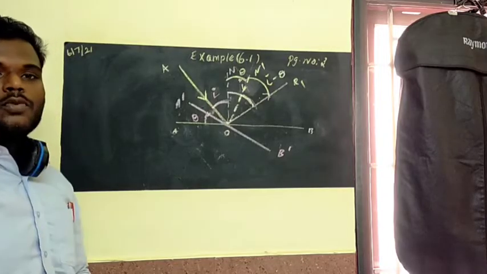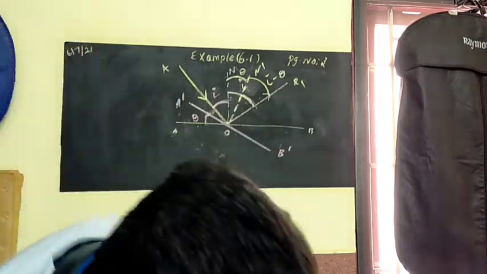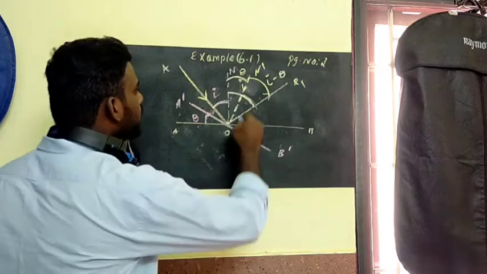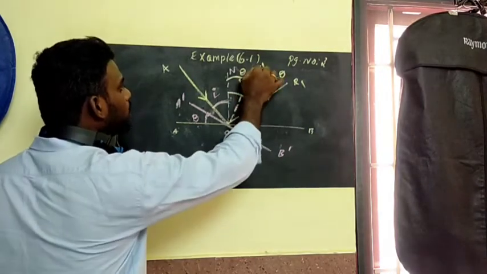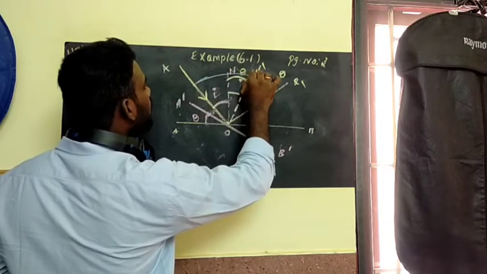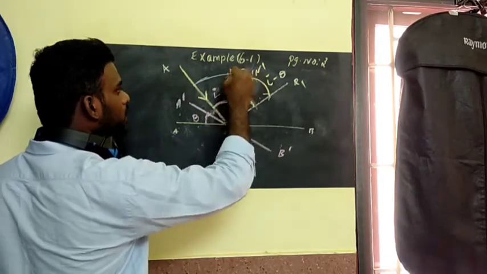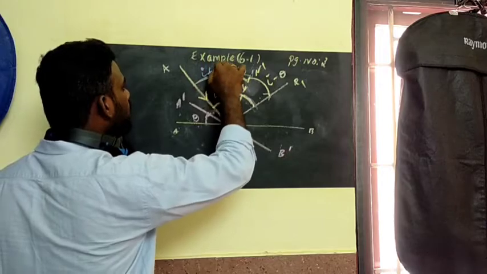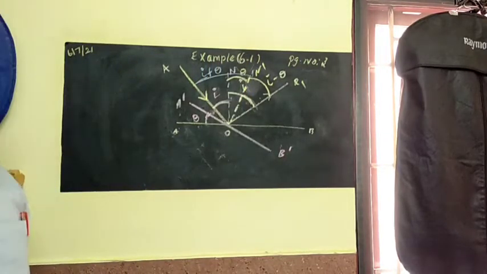And what will be the angle of incidence? The angle between the incident ray and the normal. Here you can see that this is the normal. Now this angle, the full angle: initially it was i, now it is theta more, and this will be i plus theta.